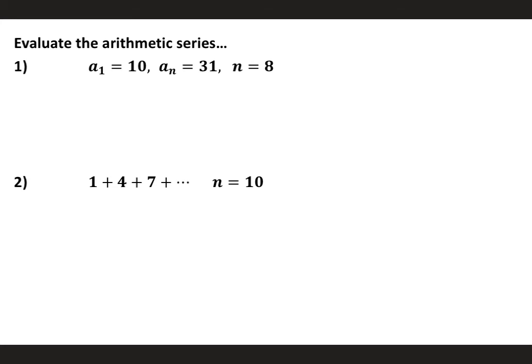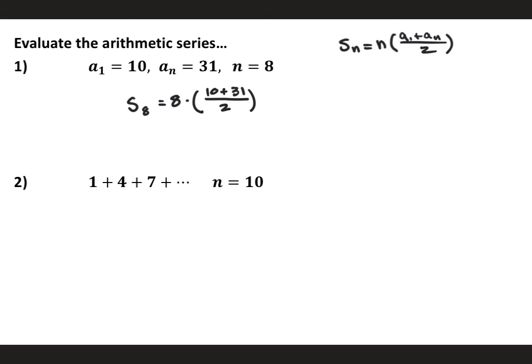So my formula, just so we have it on screen, is Sn equals n times (a1 plus an) over 2. All right, so we'll just plug our stuff in. So we'll say S8 equals 8 times (10 plus 31) over 2.